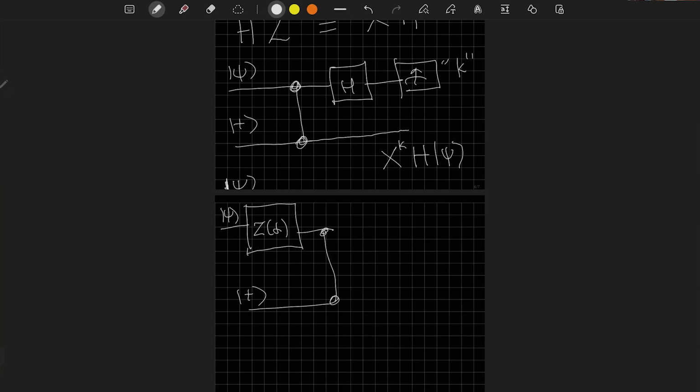What's going to happen now? H, measurement, outcome K, X. So what have I proved? X K H instead of psi. Now I have Z alpha psi. Right. So this is just a sequence of operations.